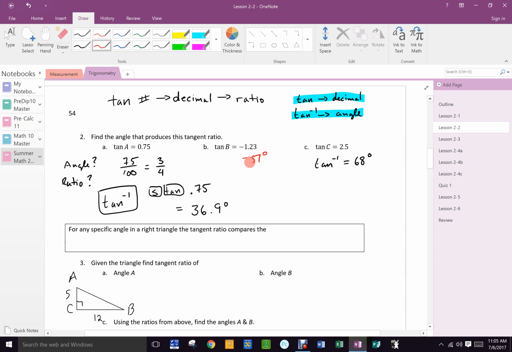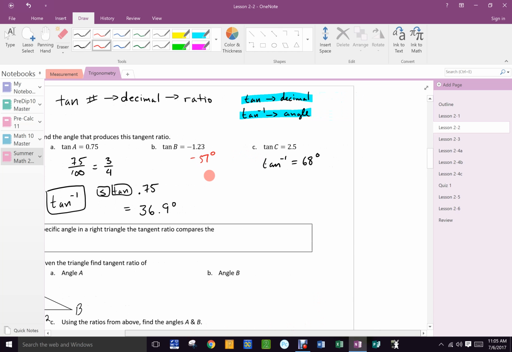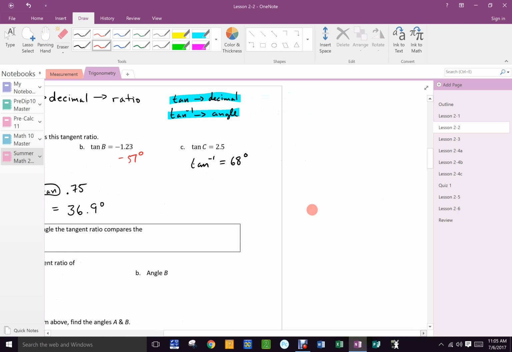Because this isn't part of regular grade 10, I'm just showing you how it works. Where do you think negative 51 degrees lives? Because here's how we normally do an angle, right? Agreed?